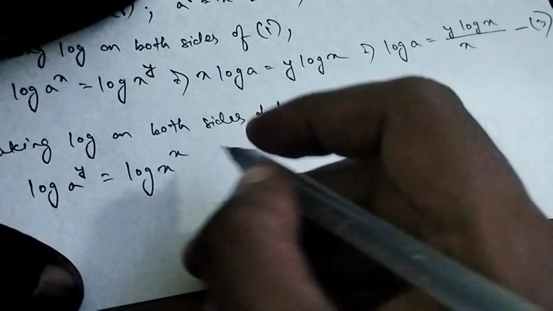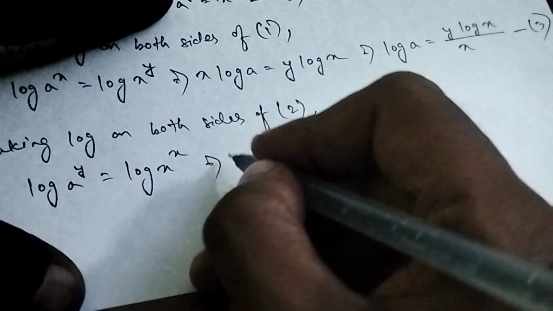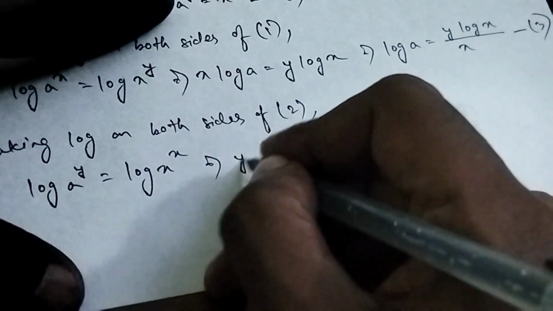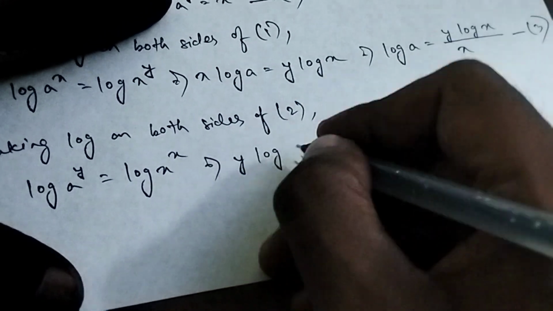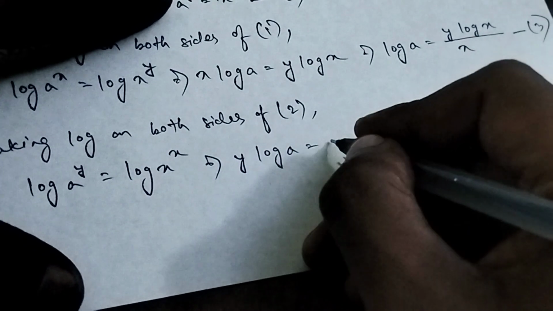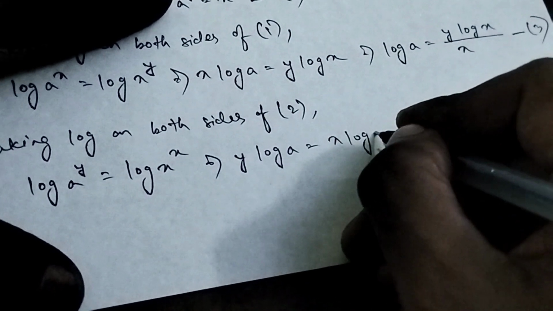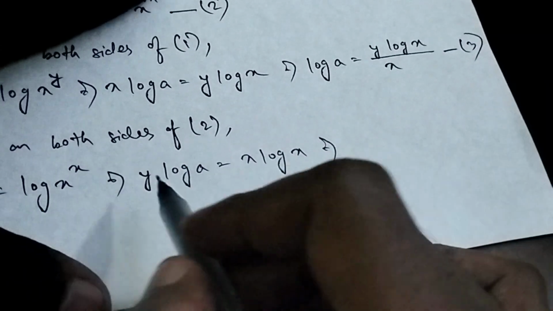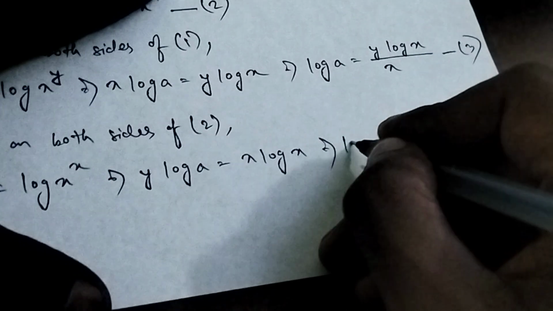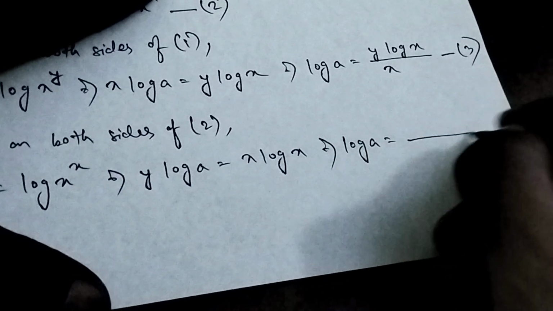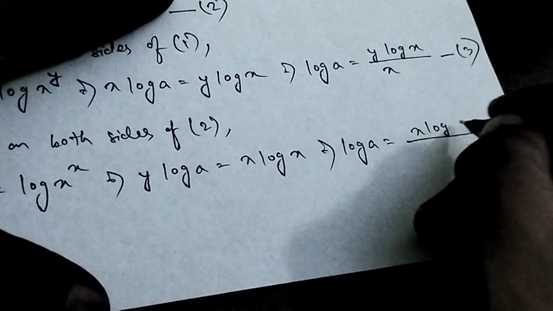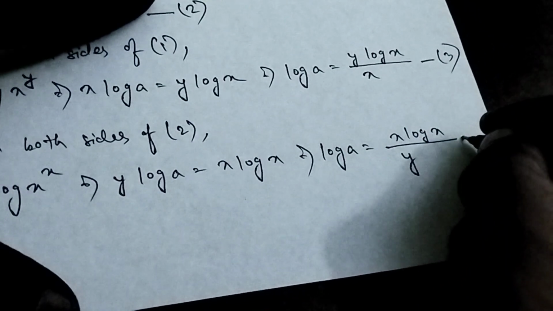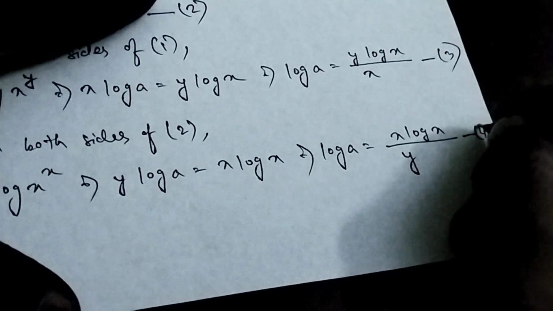From here it will be y log a is equal to x log x. So from here we can write log a is equal to x log x by y, and name it as 4.